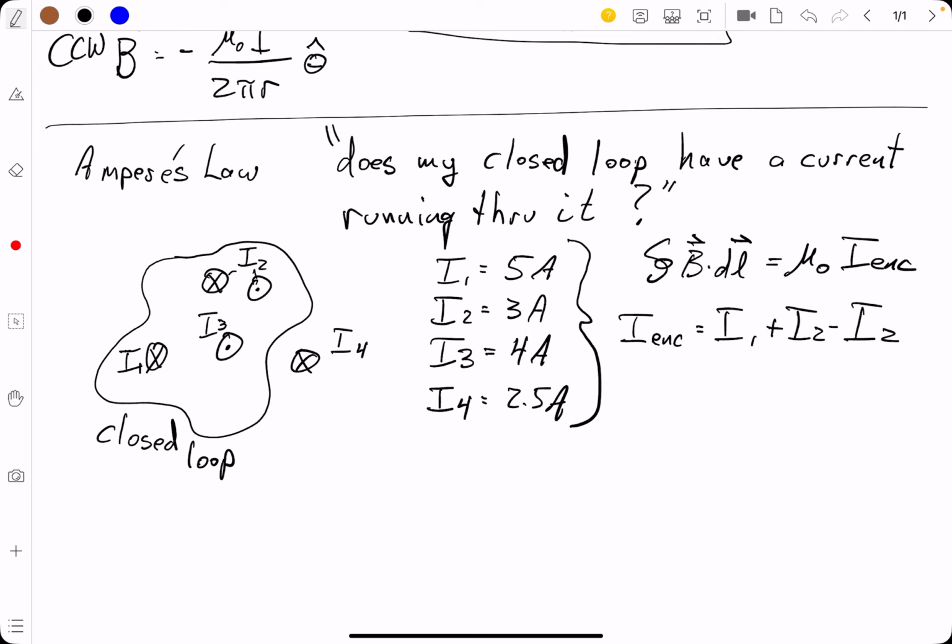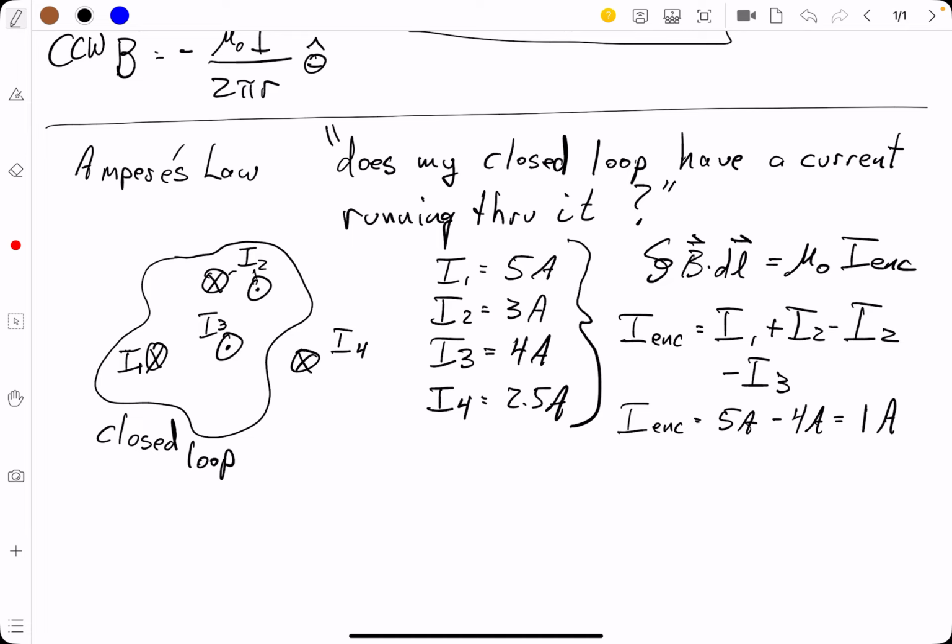And we're going to subtract I3. So all of those things add up to give us I enclosed is equal to I1 minus I3. And I1 is 5 amps. I3 is 4 amps. So our enclosed current is 1 amp.